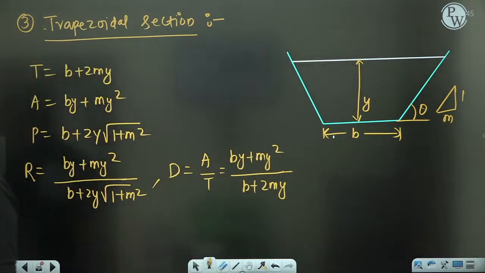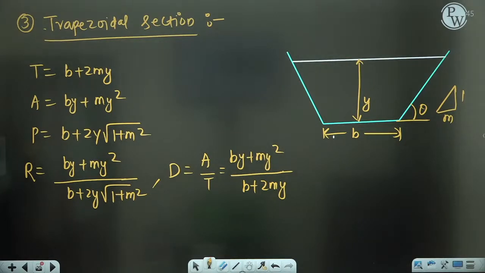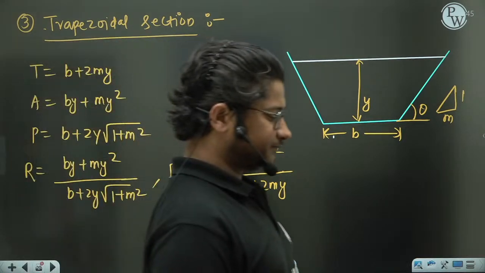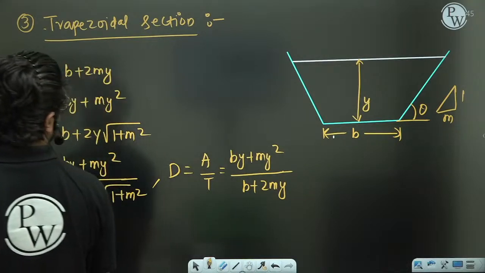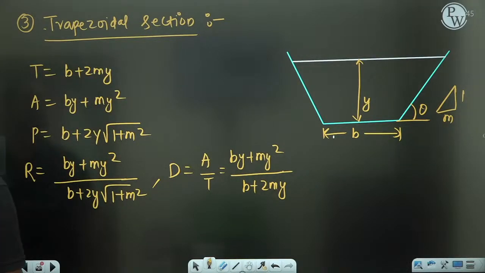That is the D part. I hope you all have understood the trapezoidal section.